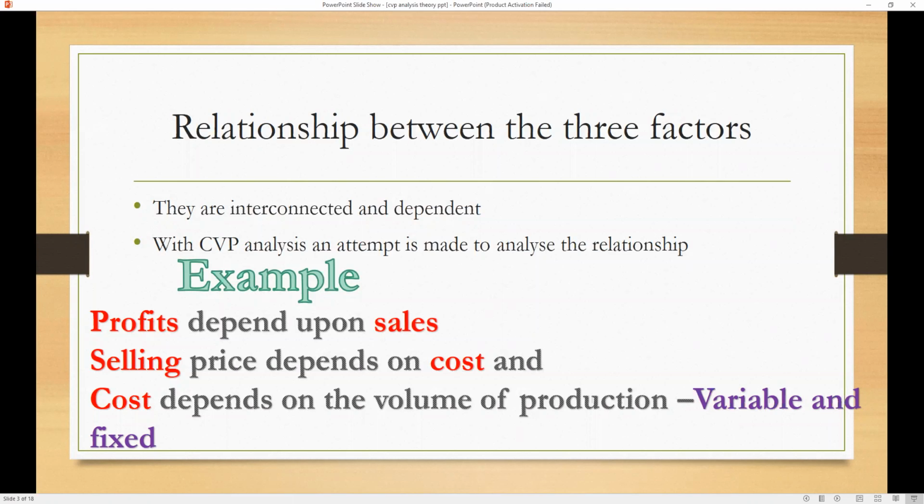So CVP analysis makes an attempt to depict the relationship. For example, the profits depend upon the sales, the selling price depends upon the cost, and the cost depends upon the volume of production. So the cost could be variable or it could be fixed.